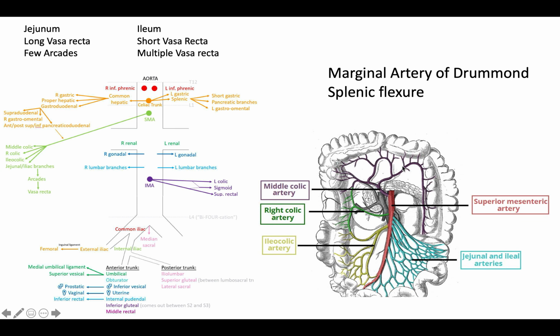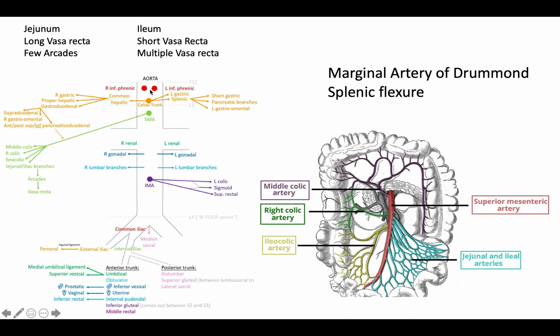And so blood that's normally able to cross over here to the left colic artery, or vice versa from the left colic artery to middle colic artery, doesn't have the pressure required in order to supply this part of the large colon, right? Or large intestines. Well, now that we've had a decreased blood pressure, this part of the colon has an increased risk of becoming ischemic, or not getting enough blood supplied to it. So this part, because it's an anastomosis between two separate artery branches, is exceptionally important to know about.